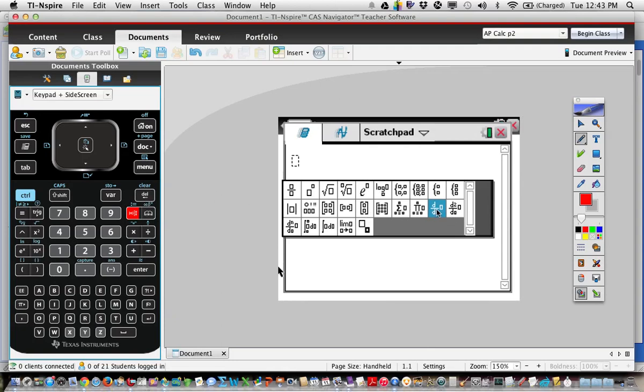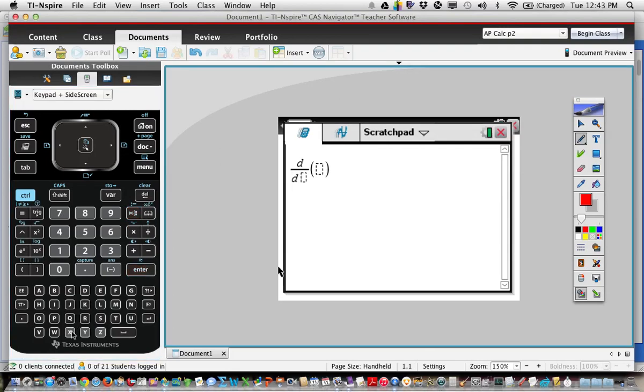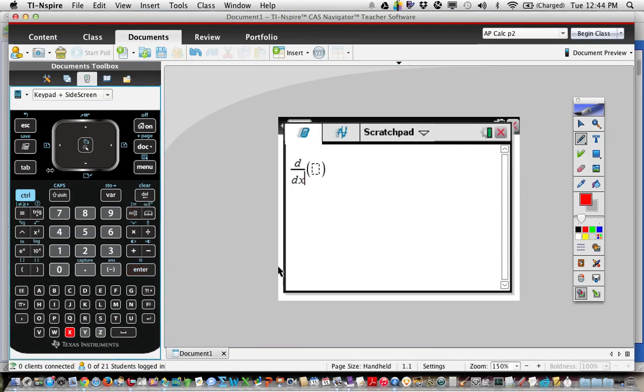So right here, this is the derivative. We're going to talk about this notation in a minute. I haven't shown you it yet, but this means derivative. So you hit this button next to the 9, and you choose that one right there. Now we put an x down here, because we're telling it that we're doing the derivative with respect to x.